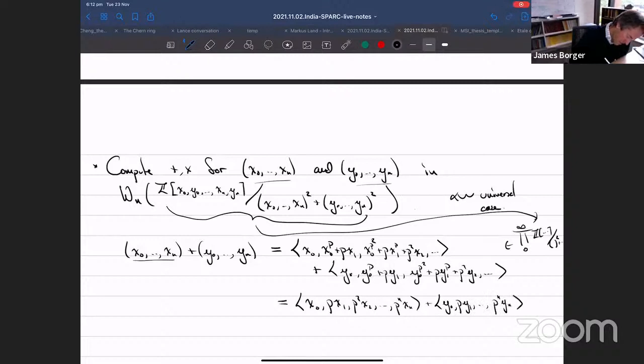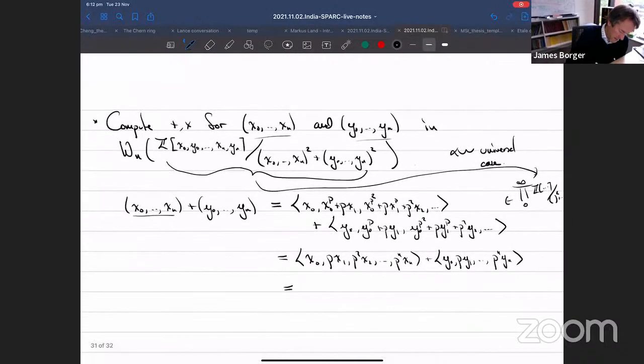And now the ring operations on the ghost ring are defined component-wise. So this is about as easy as it gets. We can factor the p's out.